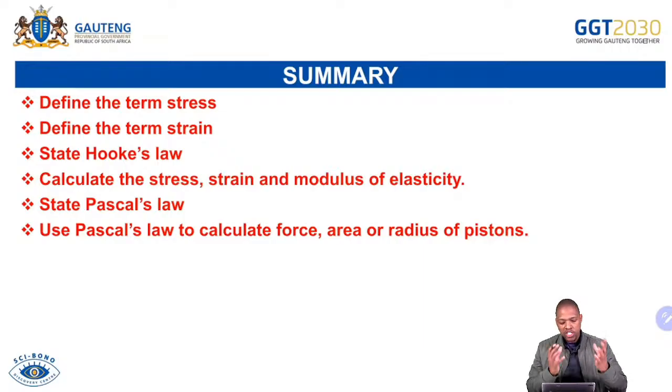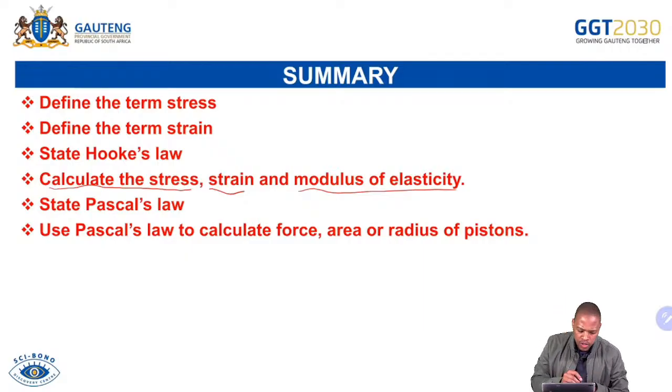But most importantly, we've done calculations relating to stress, strain, and the modulus of elasticity with their formulas. Identifying the formula, doing those calculations, doing the conversions, calculations of area, all of those things. We've done that, grade 12.